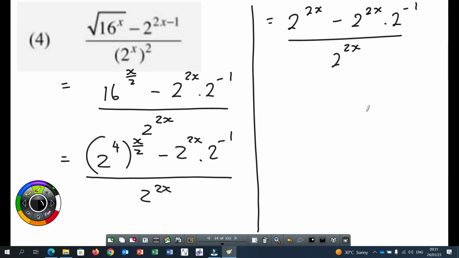So from here, we've got our 2 to the power of 2x. Then we identify our common factor, which is 2 to the power of 2x. Now, I'm not sure whether you know this. How do you get the first term of the binomial factor inside brackets? Is there anybody who can explain to us?